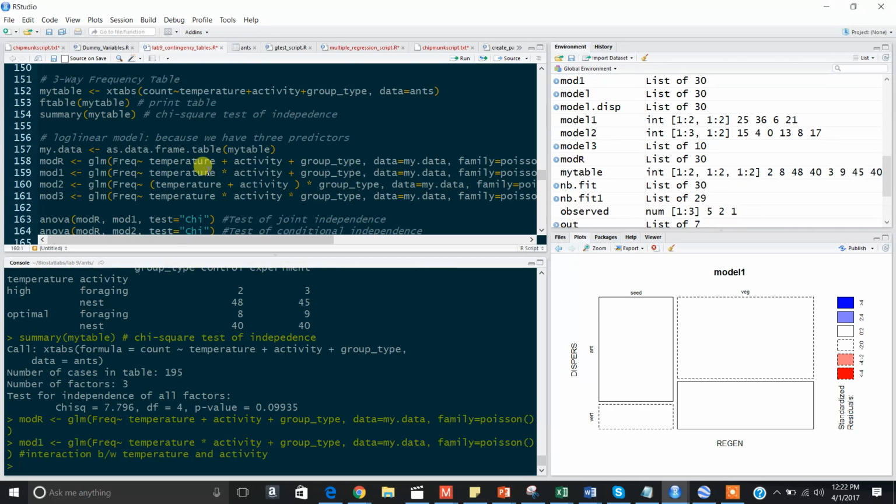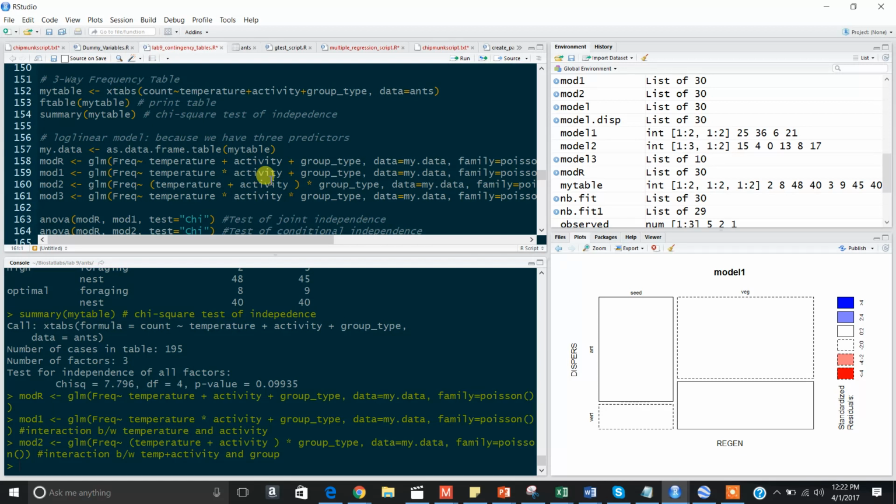So I'm going to run that model. Model 2 is essentially the same thing, except I place the interaction term between the combined temperature and activity and group type. So I'm seeing if there's an interaction between temperature and activity combined and group type. So we can run that model.